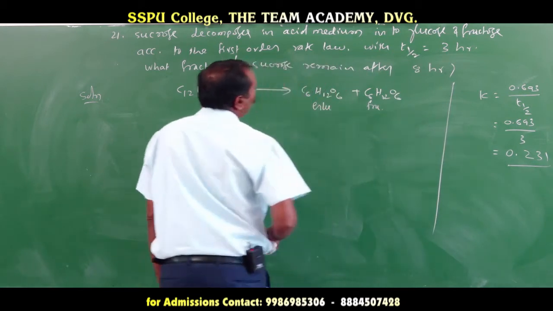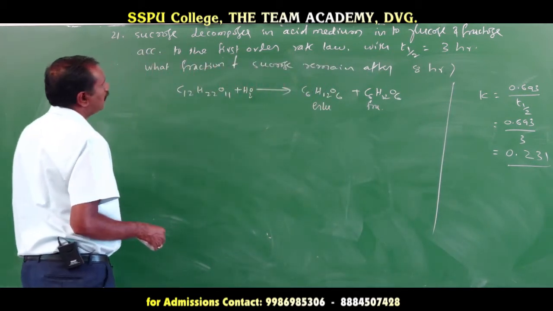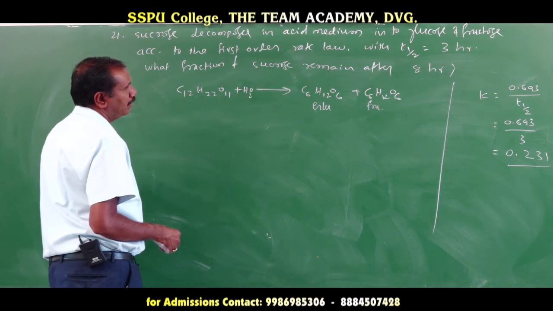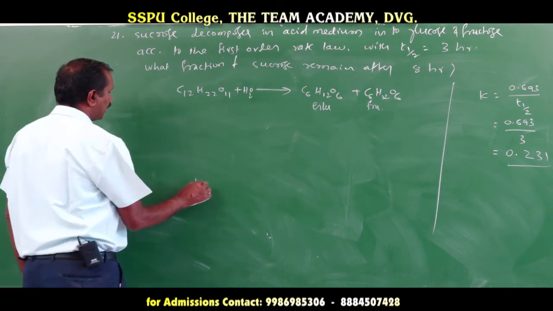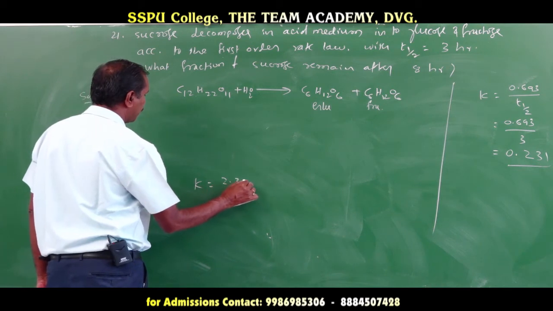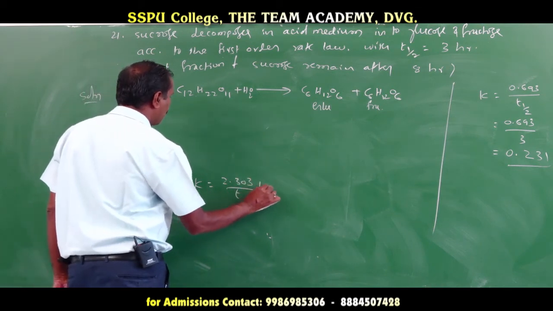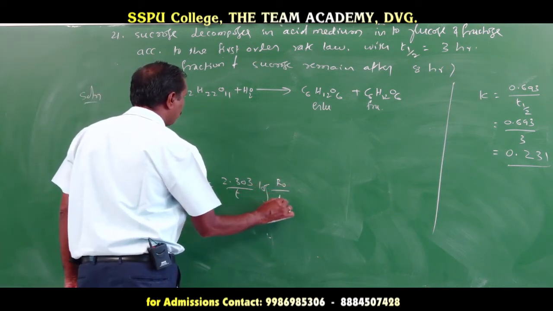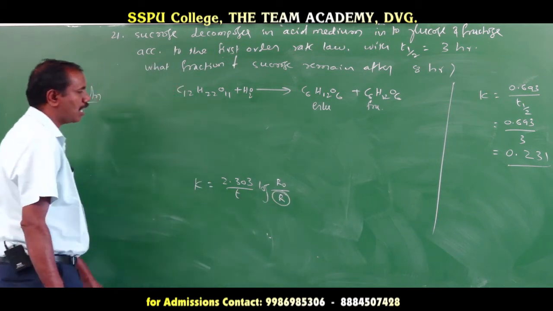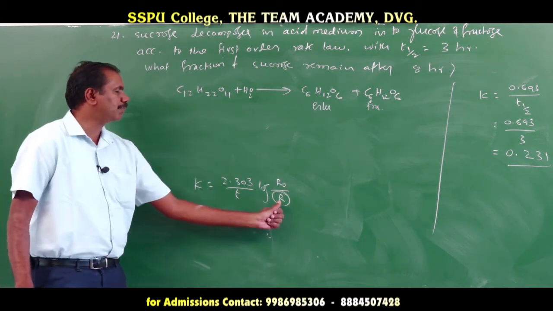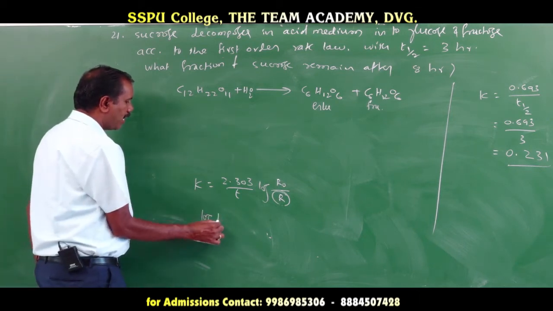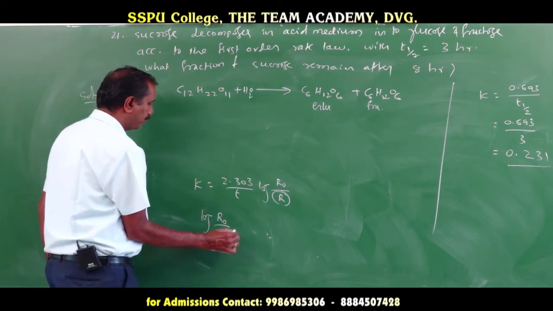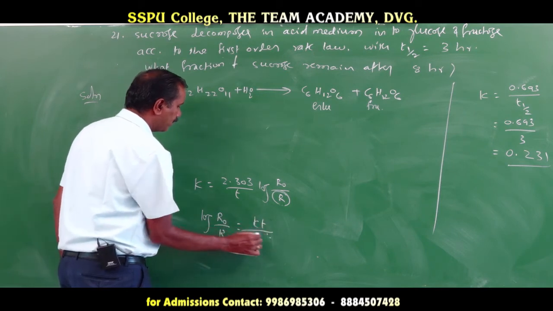If you know the K value, we can find the fraction of sucrose remaining after 8 hours using K equals 2.303 by T into log of R0 by R. We should calculate the value of R, the fraction of sucrose remaining after 8 hours. Log R0 by R equals Kt by 2.303.